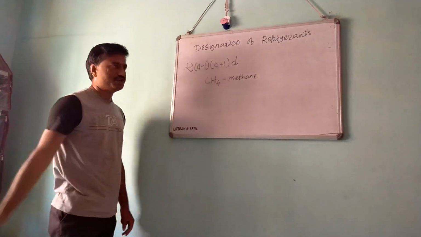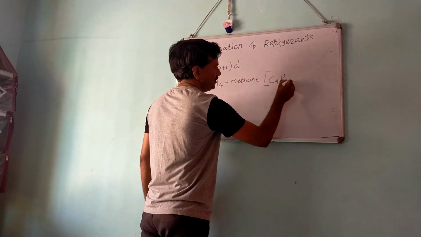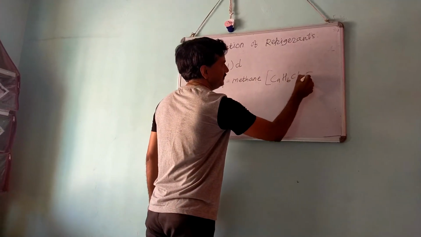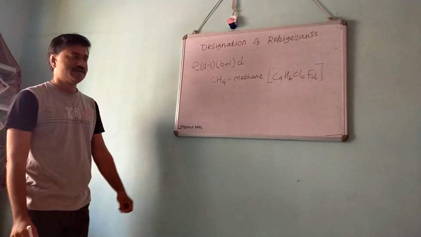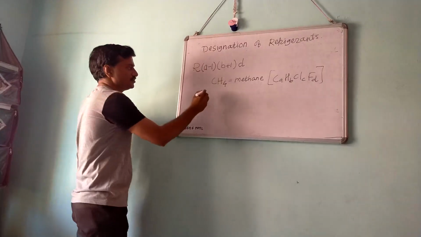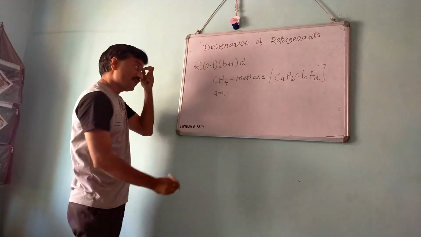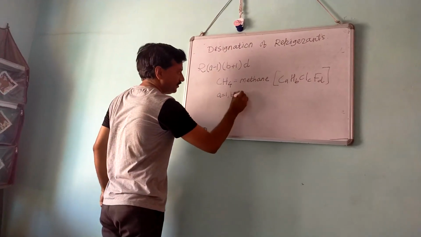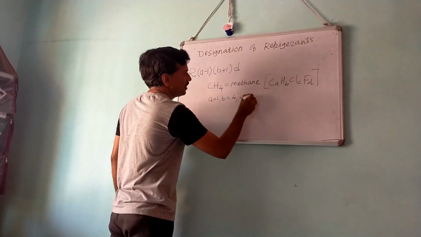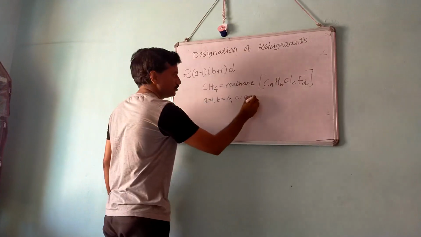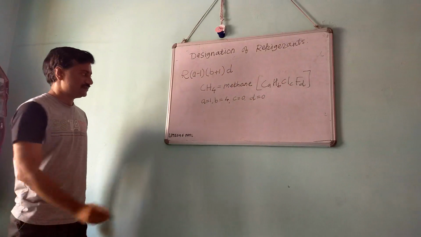If we compare this CH4 with the general equation CaHbClcFd, we come to know a is equal to 1, number of hydrogen atoms b is equal to 4, there is no chlorine, so c is 0, and there is no fluorine, so d is 0. And the equation is balanced.